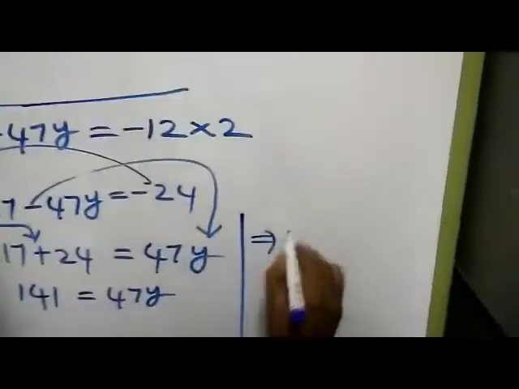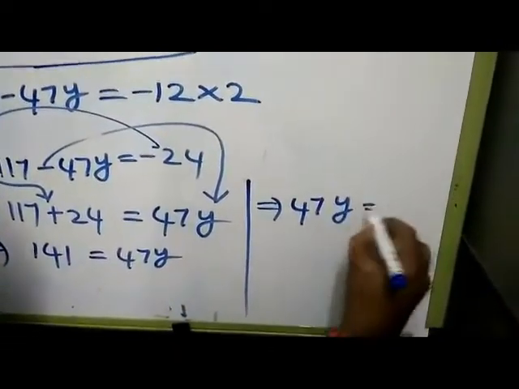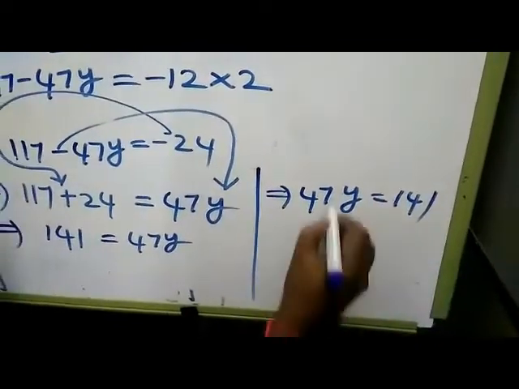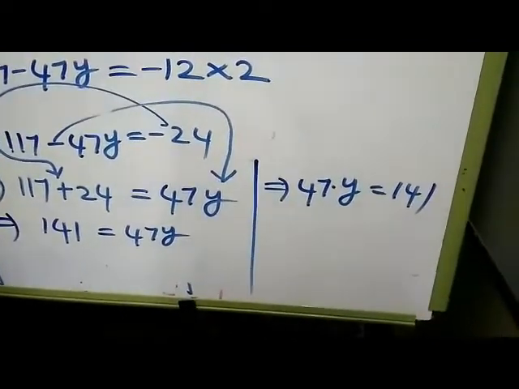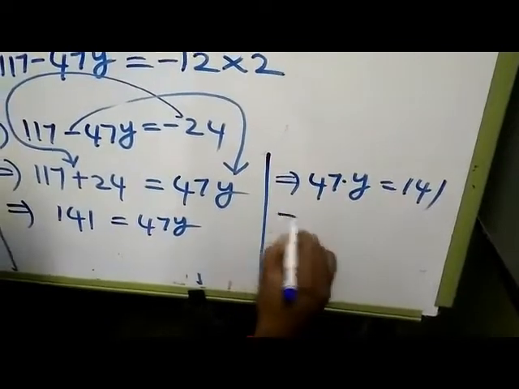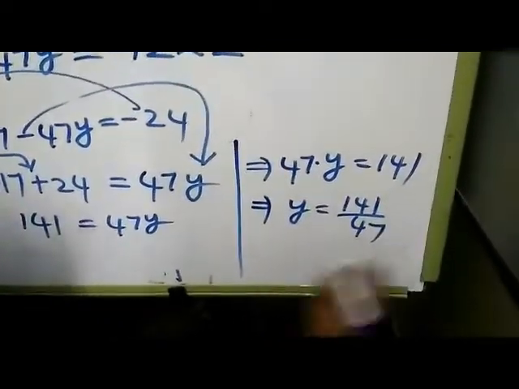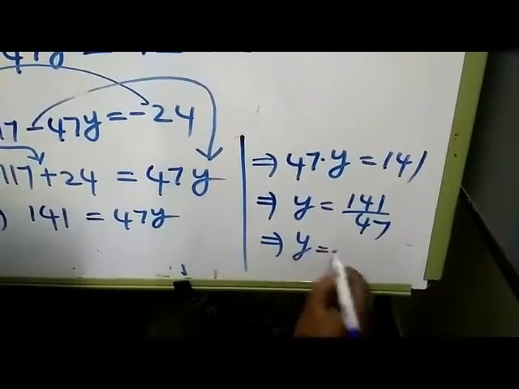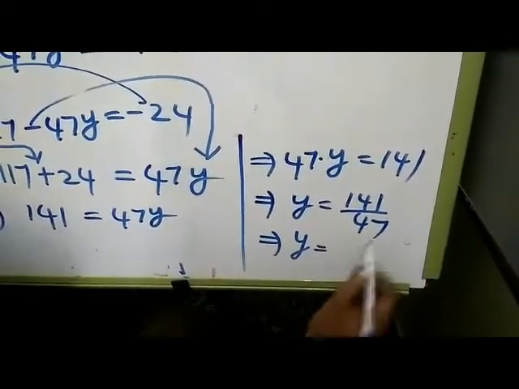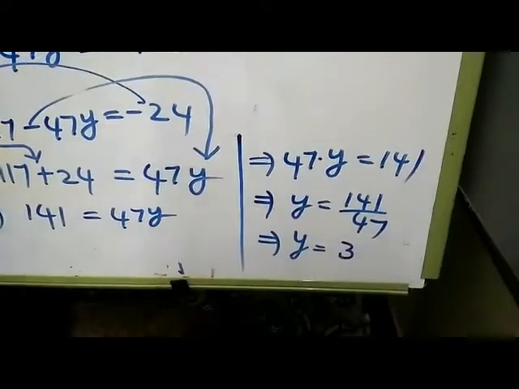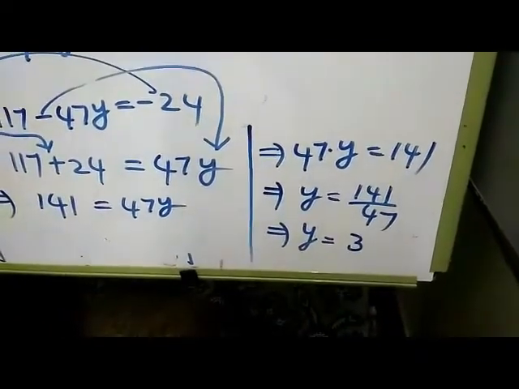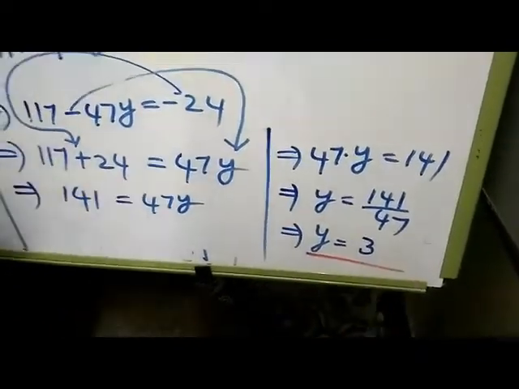I can write 47y is equal to 141. 47y is nothing but 47 into y is equal to 141. y is equal to 141 by 47. That implies y is equal to 3, since 47 3s are 141. Here I got the y value 3.